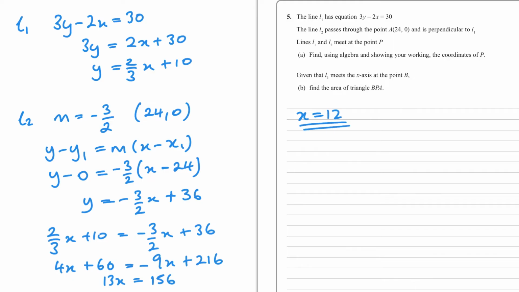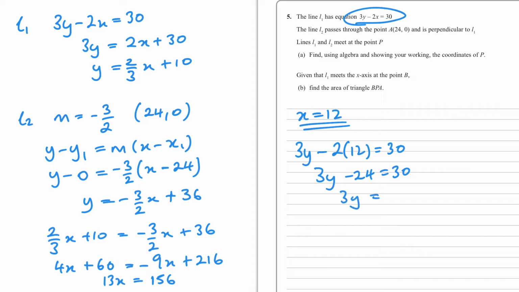Now I've got the x coordinate, I just need to substitute it in to one of my equations to find the y coordinate. So I'm going to use the original L1 equation here, but you don't need to. It doesn't really matter. So we get 3y, so the coordinates of P are (12, 18).